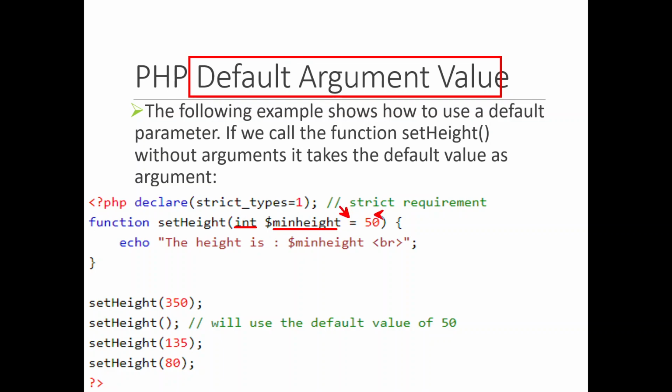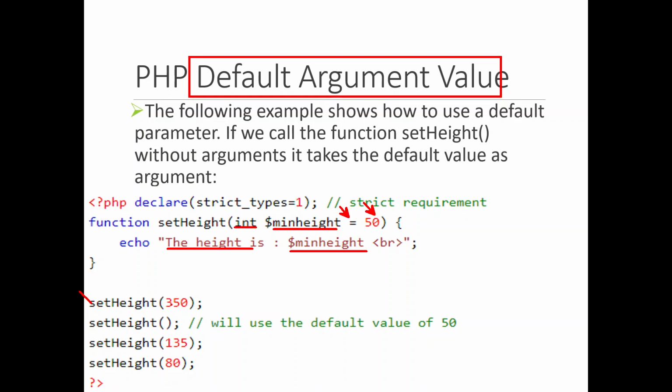So this is the assignment operator, you give it the value 50. Now, when you do this in a function, you see here we want to print the height is, then that variable $minheight.